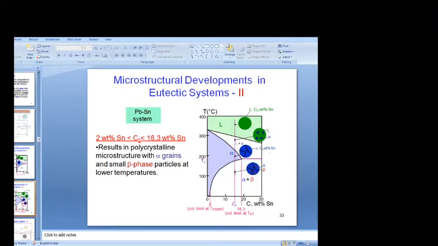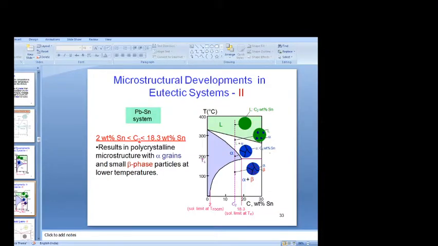So now we are going to understand this second case, and the second case considers compositions that range between the room temperature solubility limit and the maximum solid solubility at the eutectic temperature.